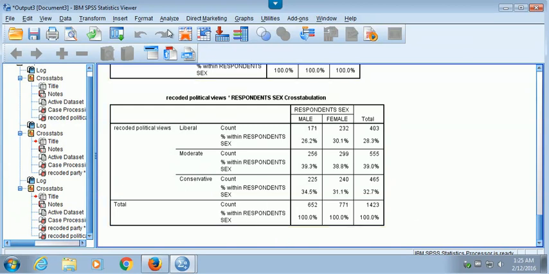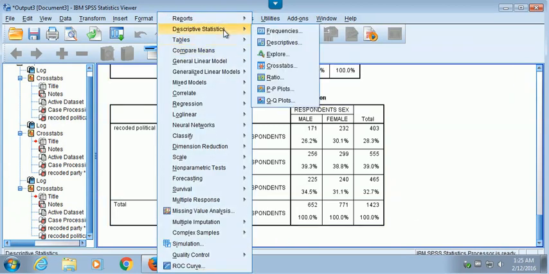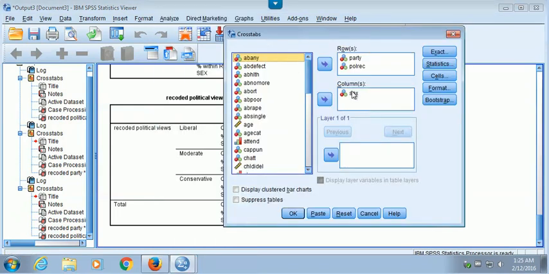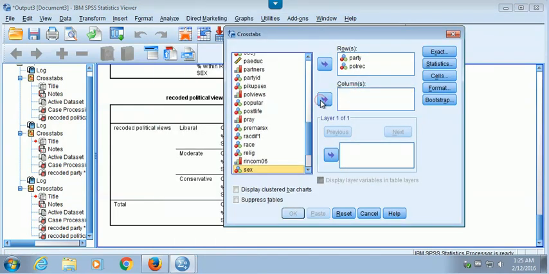Another thing that we might be interested in is not just that gender can predict one's political views, but race may also predict one's political views. So I'm actually going to combine here demonstration 11.8 and 11.9, because we're already looking at party and we're already looking at political views.